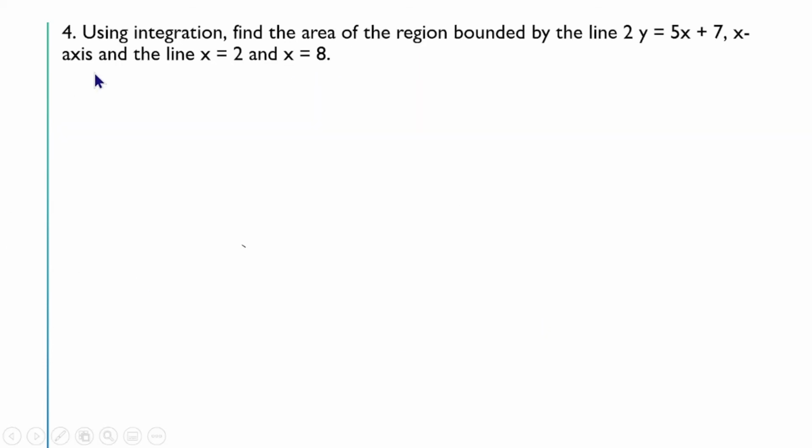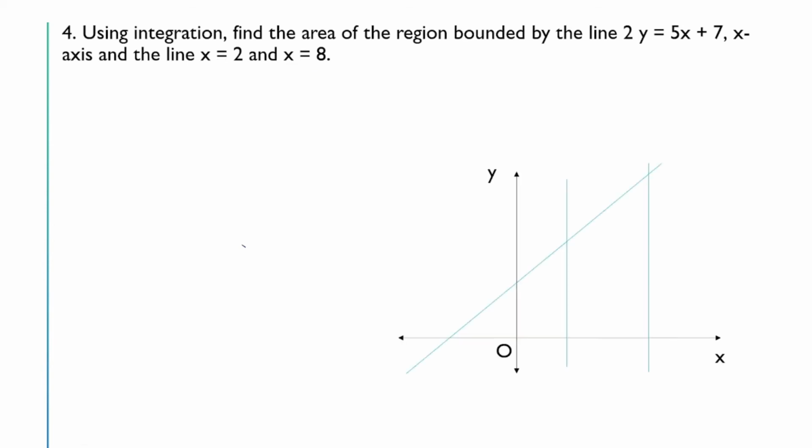The next question, using integration, find the area of the region bounded by the line 2y equal to 5x plus 7, x-axis and the line x is equal to 2 and x is equal to 8. So first let us draw the lines.